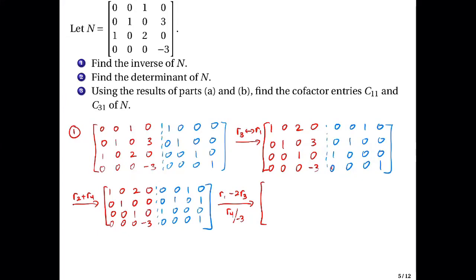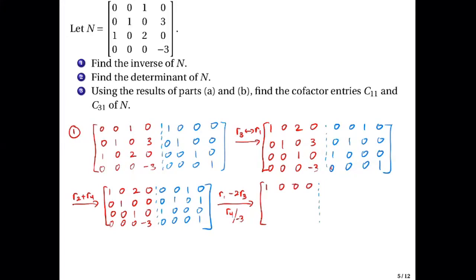So for this, we have 1, 0. Row 1 minus 2 row 3: that's 0, 0 minus 0, and then 2 minus 2 times 1, so that becomes 0. And then 0 minus 0, again 0.